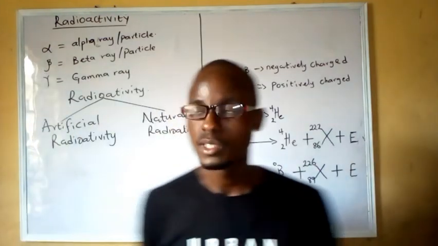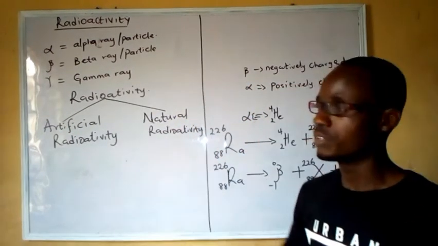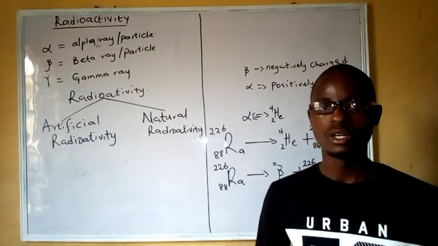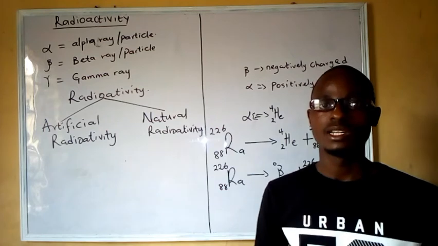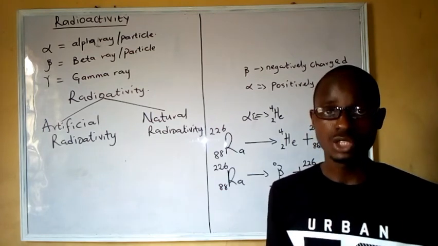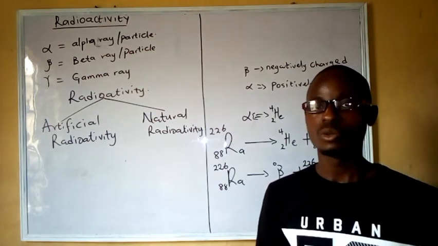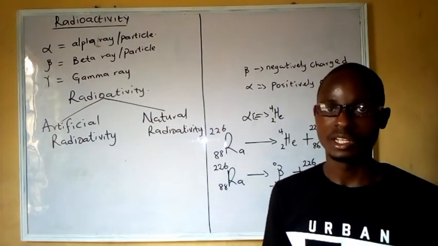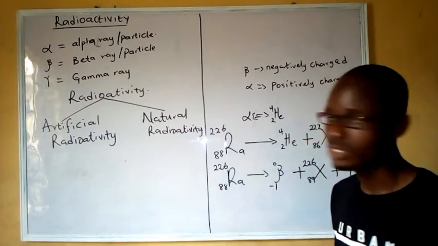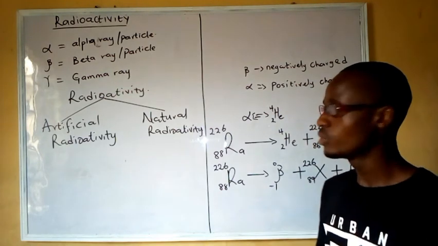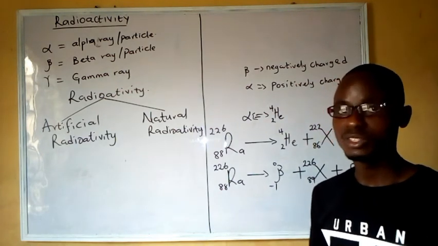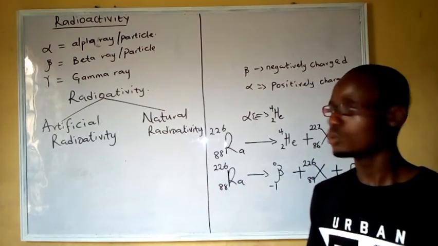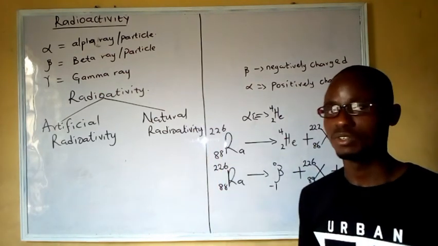Let me explain this. Naturally we know that before an atom can radiate, definitely the nucleus of such an atom must be unstable. So those radioactive isotopes that radiate spontaneously, naturally, do so because their nucleus is unstable. Such an element that radiates without any external effect is what undergoes natural radioactivity.